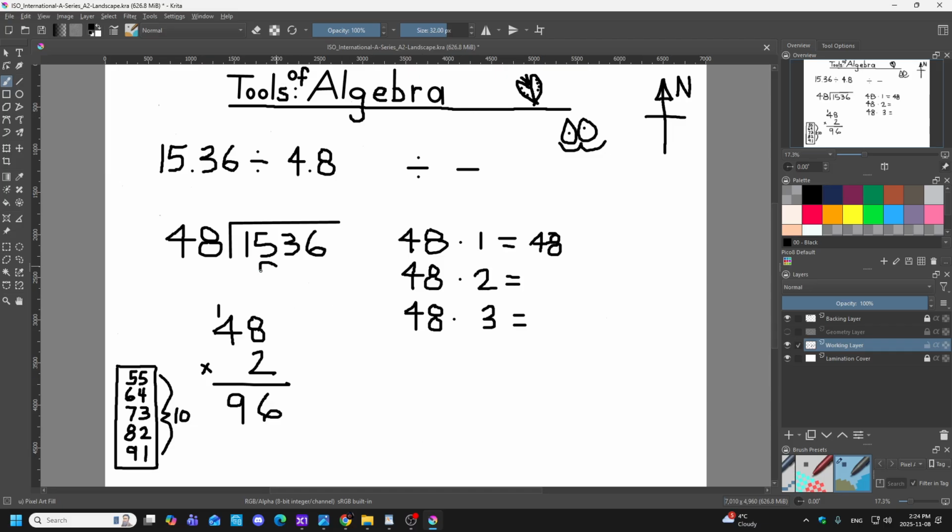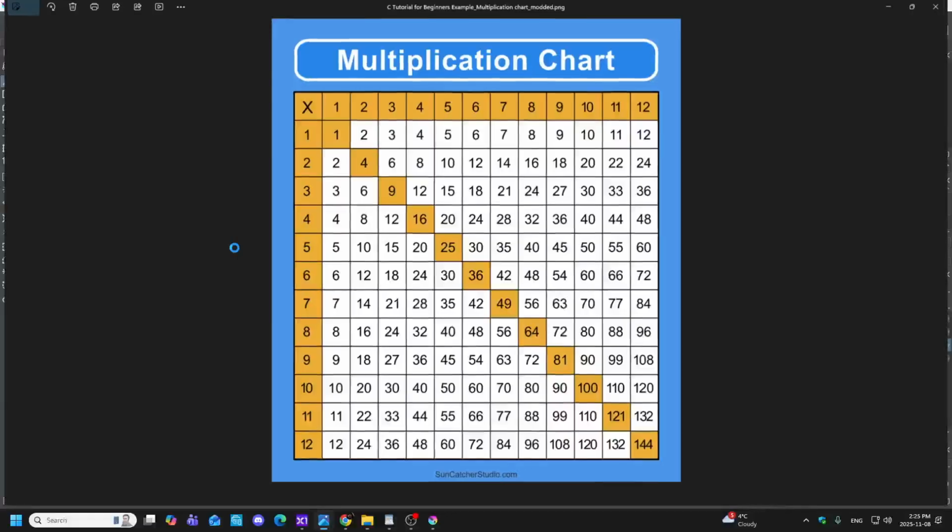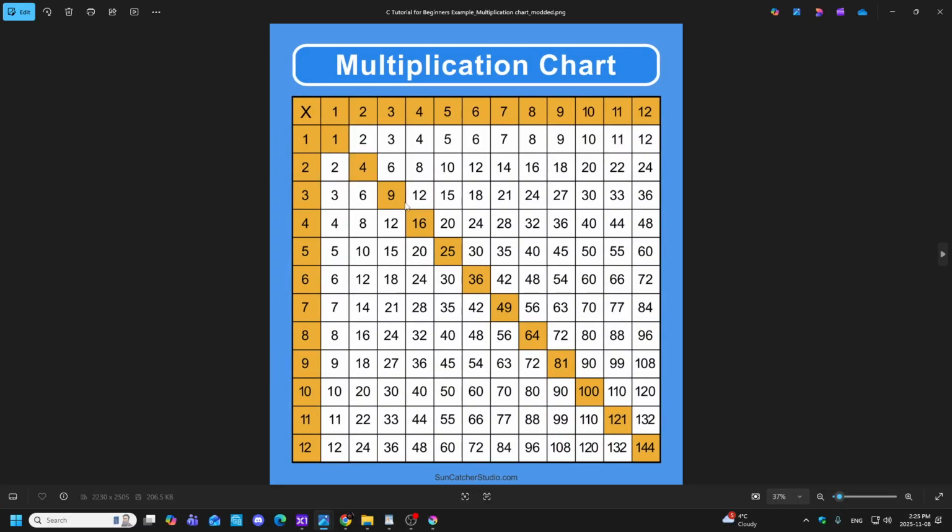We are less, but I think we could get a little closer. Let's find out. 48 times 3. 8 times 3 is 24.